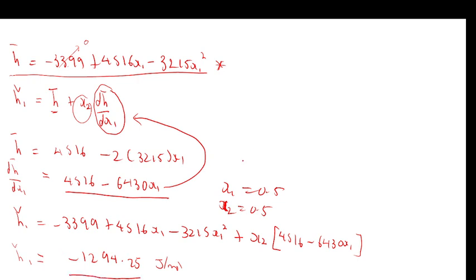So we can do this for the partial molar for species 2 as well. So I'll do that on the next page. So I will have here my h2 to be equal to my h bar minus x1 dh dx1. I've already found the dh dx1 and I already know my h bar, so I'll just put that in there.